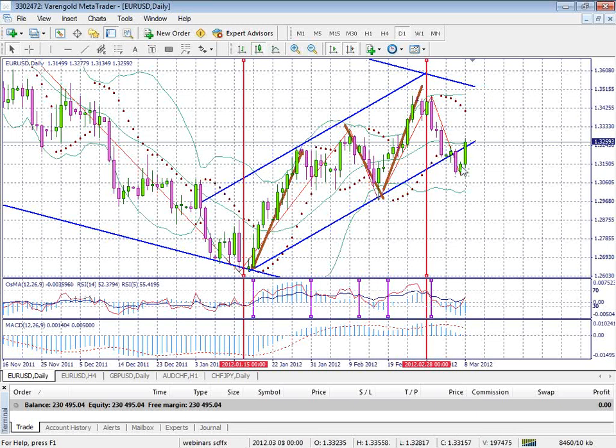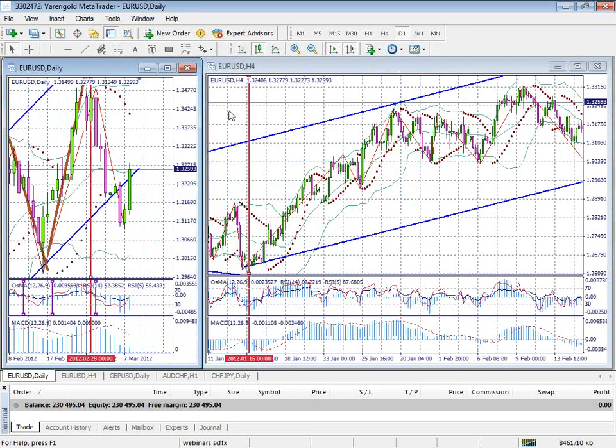But again, we are not sure. We have on daily the signal that the pair will go a few days in the up direction. But let's see what signals we have for the smaller time frames. What do we have on 4 hour?